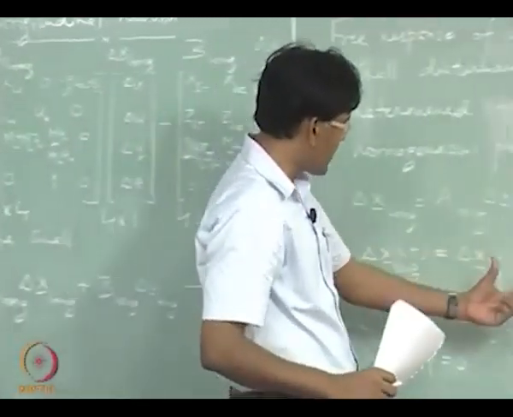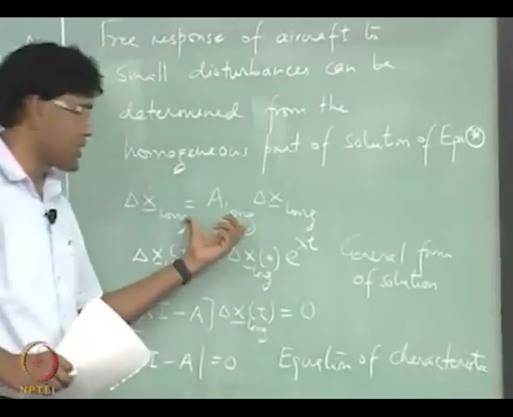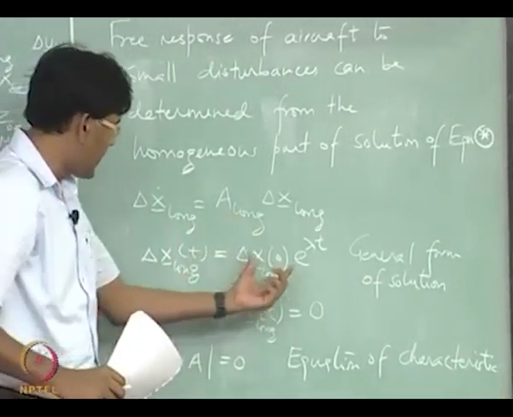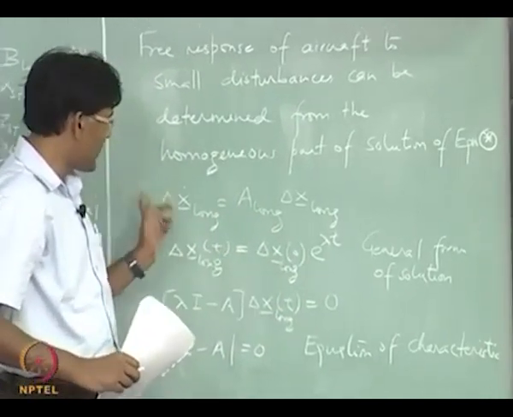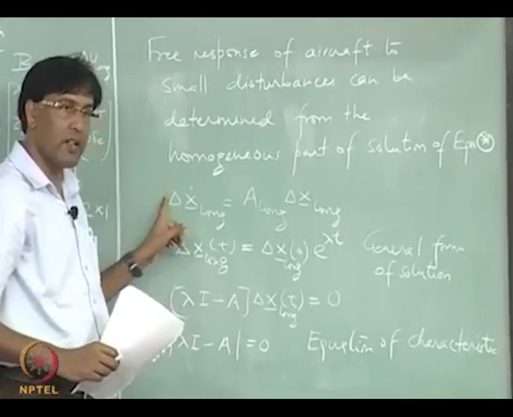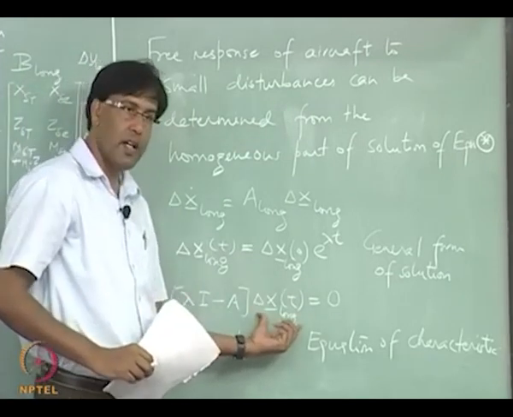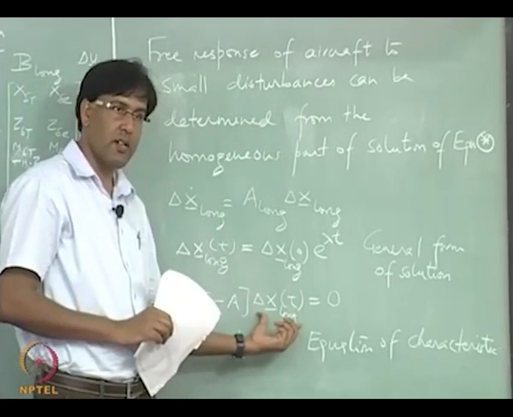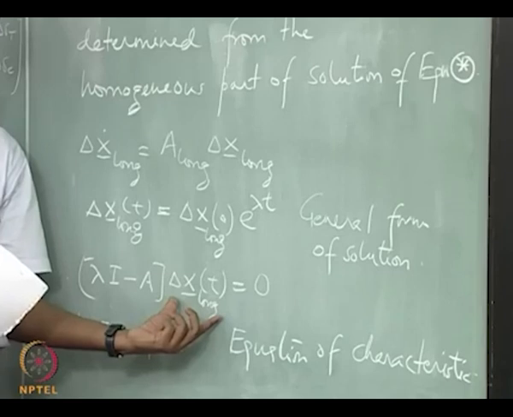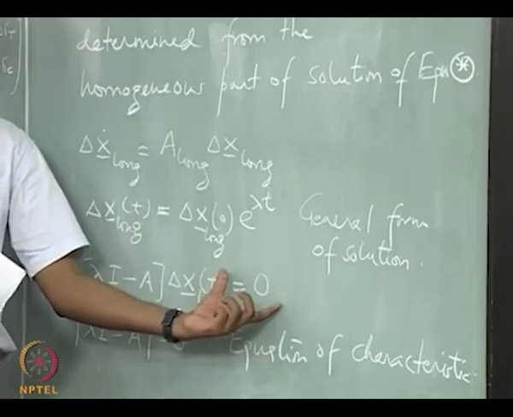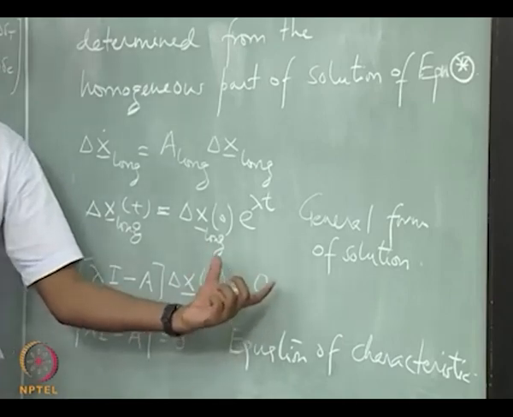So this is the general form of solution for this equation, right, and we are plugging this general solution in this equation, and this is what we get, right. If this vector is 0, then this is identically equal to 0, but that is the trivial solution.